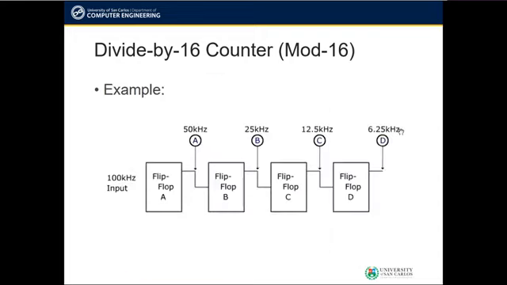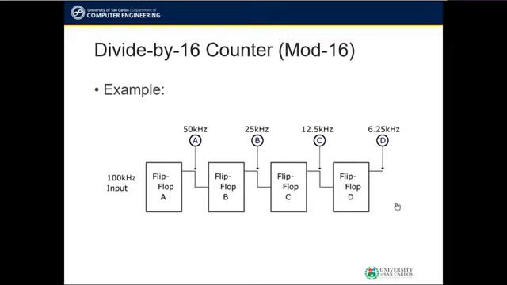Using the modulo 16 counter, we can have a 100 kilohertz frequency, for example, and then we can get the following frequencies after frequency division: 50 kilohertz after dividing by 2, 25 kilohertz after dividing by 4, 12.5 kilohertz after dividing by 8, and finally 6.25 kilohertz after dividing by 16.